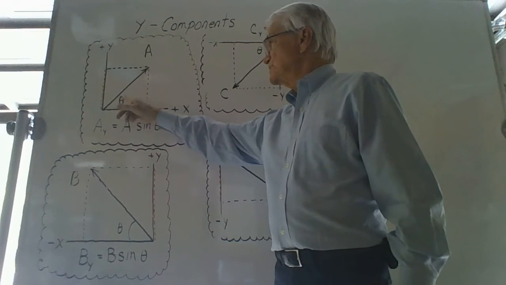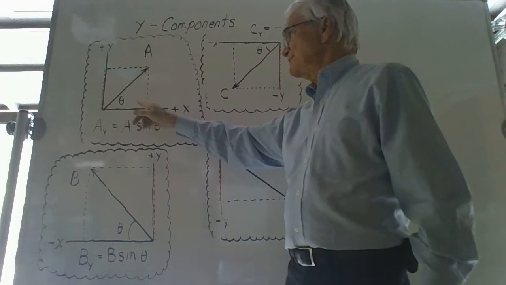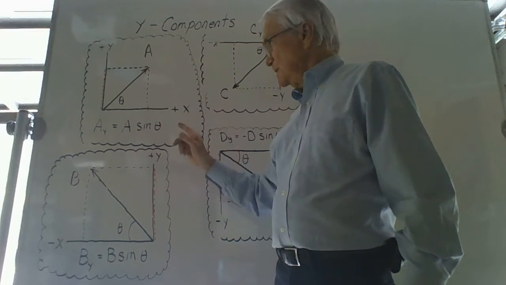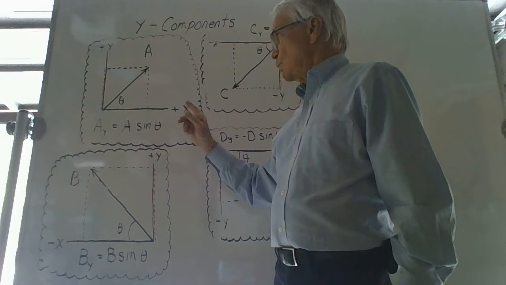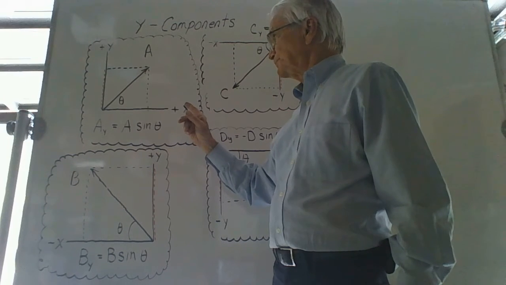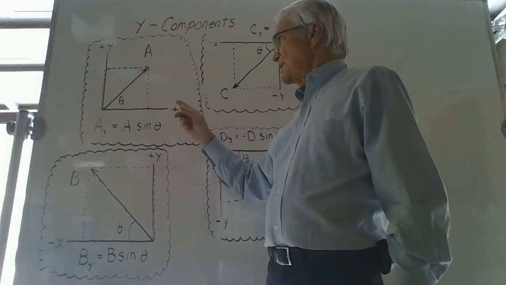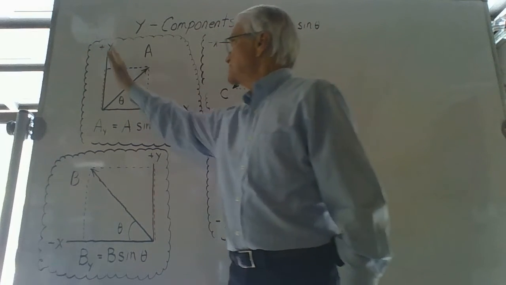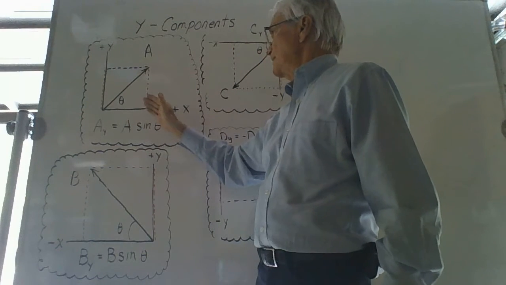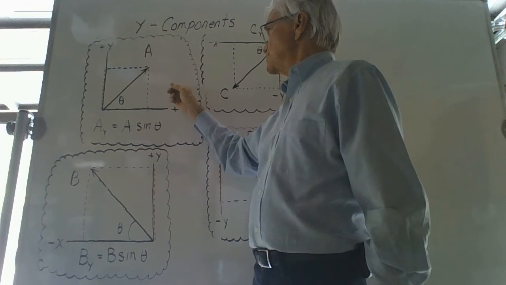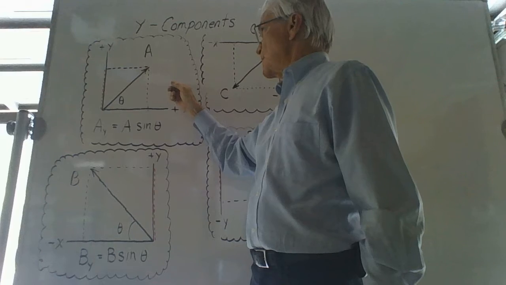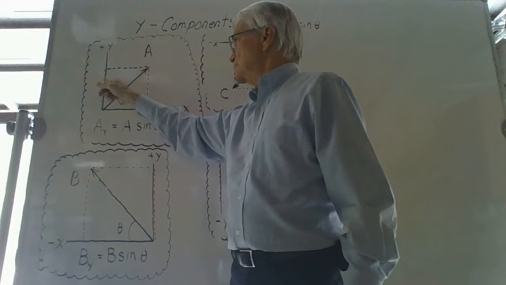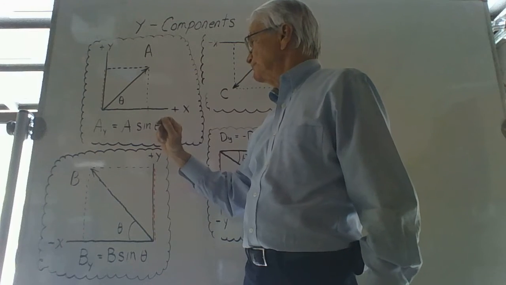The vector points into the first quadrant, making an angle of theta with respect to the positive x-axis. The y component of this vector can be visualized as the shadow cast on the positive y-axis if a light source is placed to the right of the vector. The shadow is shown as a broken red line.